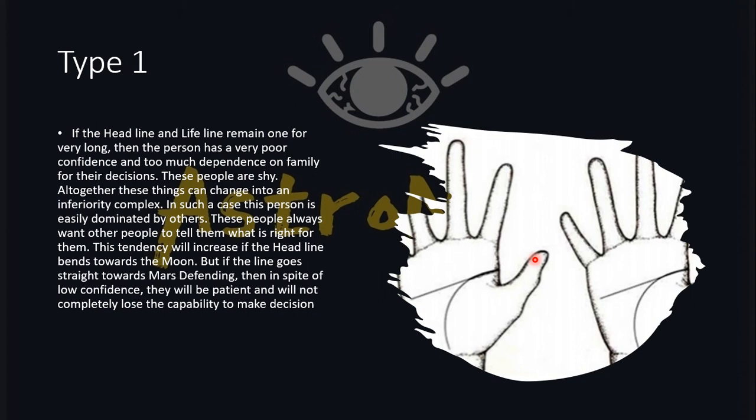So they are people who want some guidance, and as you can see, the tendency will increase if the line is bending to the moon mount. So this is the moon mount. If it is bending to the moon mount, the tendency of dependency will increase.